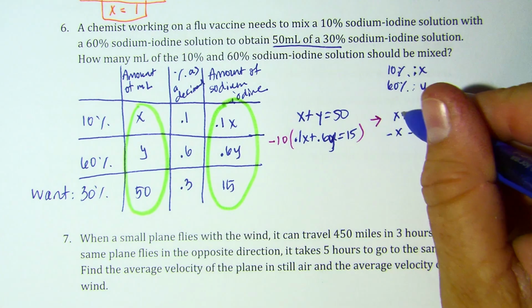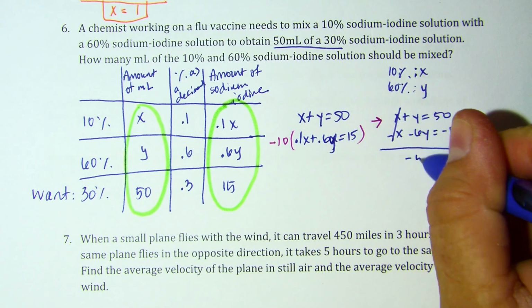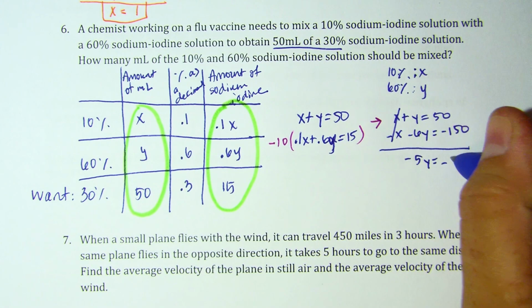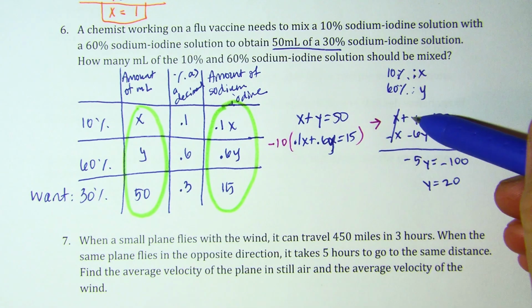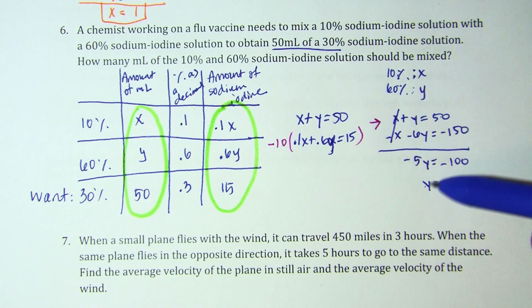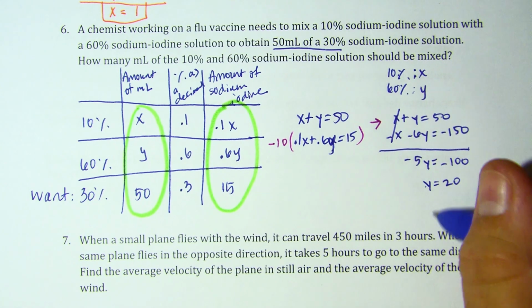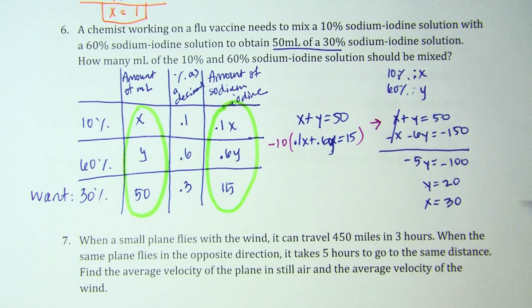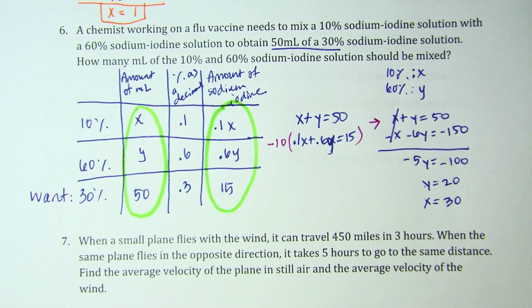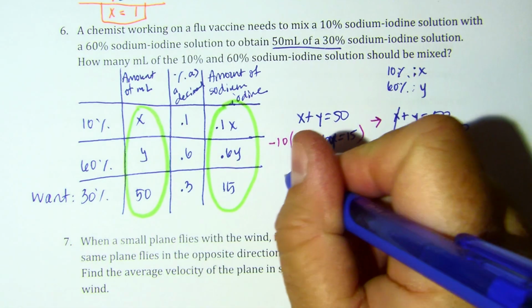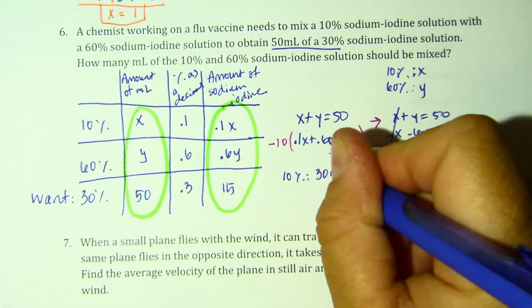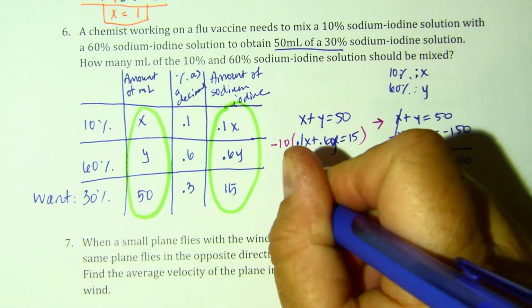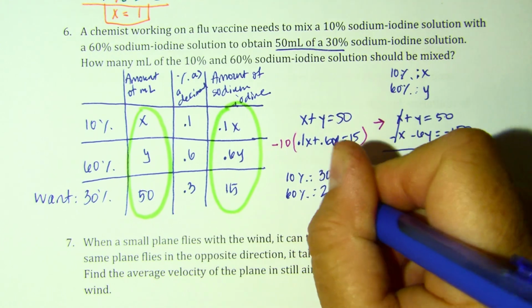And then the x's cancel. I have -5y equals -100, so y equals 20. If x plus y equals 50 and y equals 20, well, then x equals 30. Now we define x and y. X is the 10% solution, so for the 10% solution we need 30 milliliters, and for the 60% solution we need 20 milliliters.